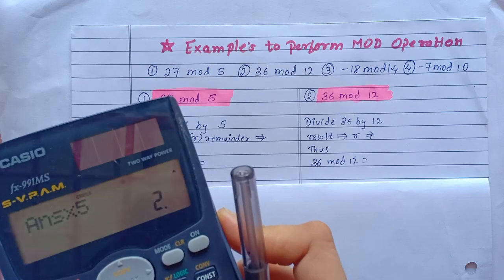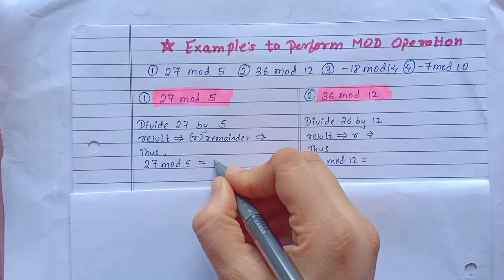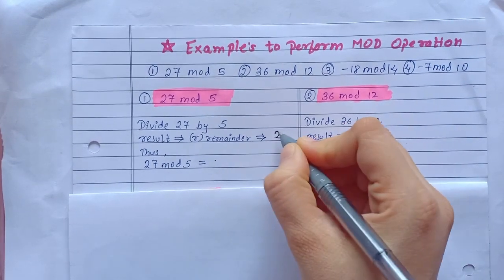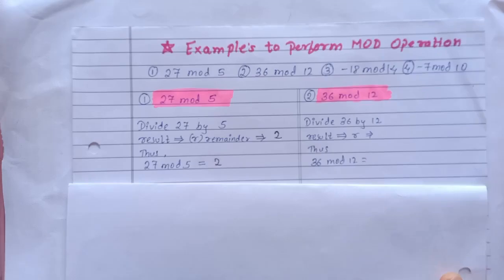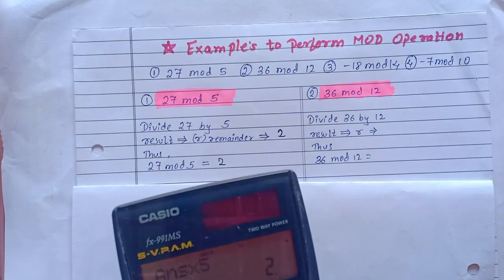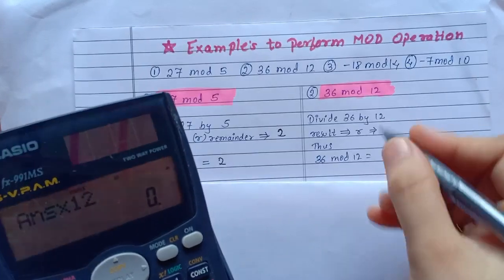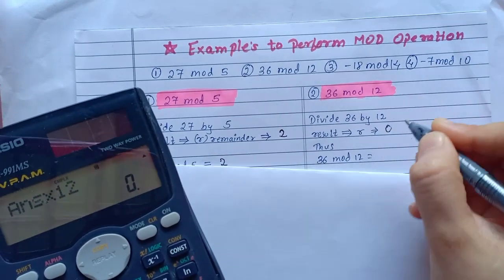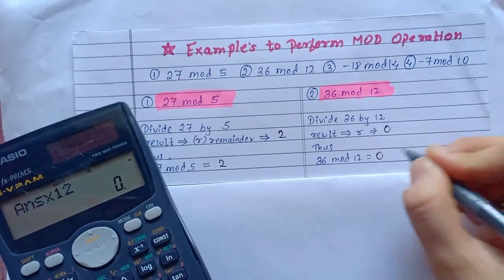What remainder do we get? That is 2. So 27 mod 5 is 2. Let's see another one, 36 mod 12. Our result is 0, so 36 mod 12 is also 0.